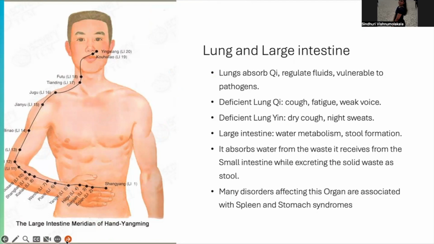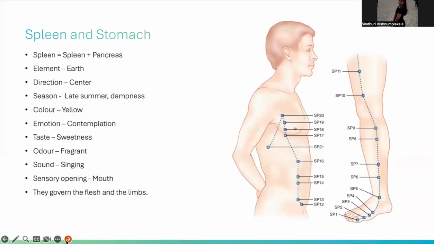And certain varieties of abdominal pain are regarded as manifestations of a blockage of qi or blood in the large intestine. Now let's go to the second set, which is spleen and stomach.